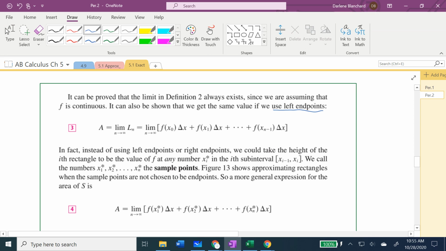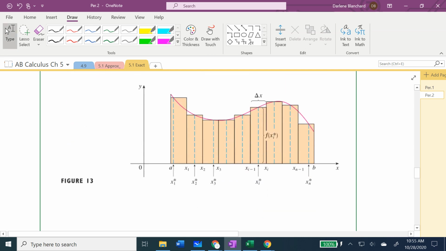And all that's going to do is shift my beginning and end x sub i. And as long as we're dealing with a continuous function, it doesn't matter if we use left endpoints or right endpoints. In fact, it doesn't matter what x we end up using in the interval. We just need to, for interval number 1, use one of the x's in its interval. And this is where they have come up with an x sub 1 star.